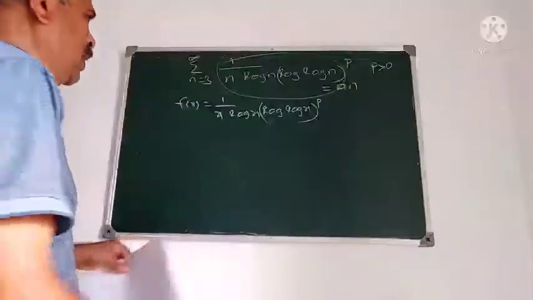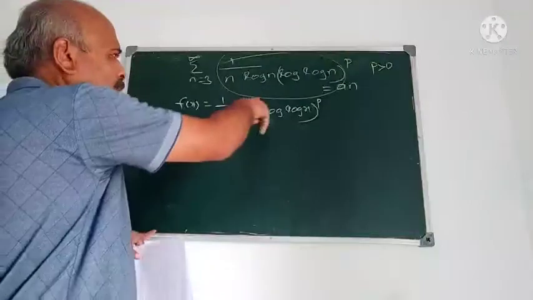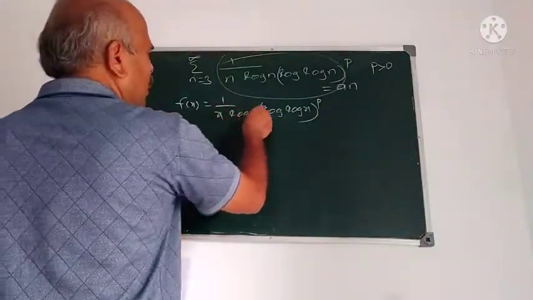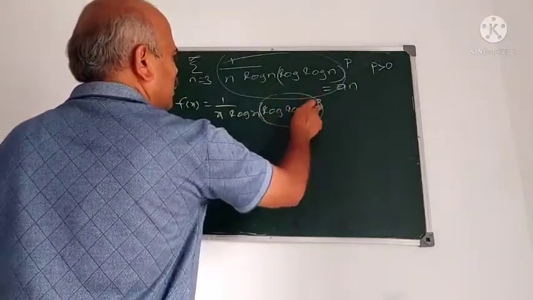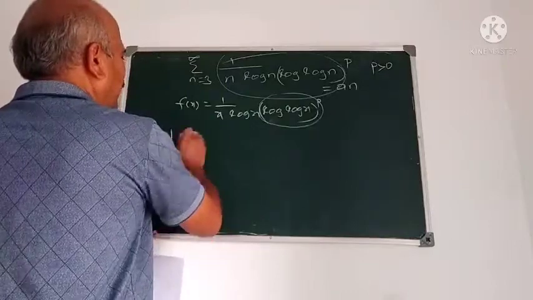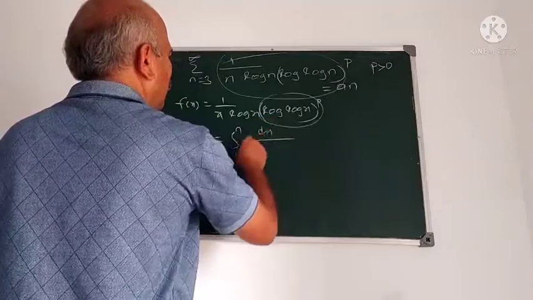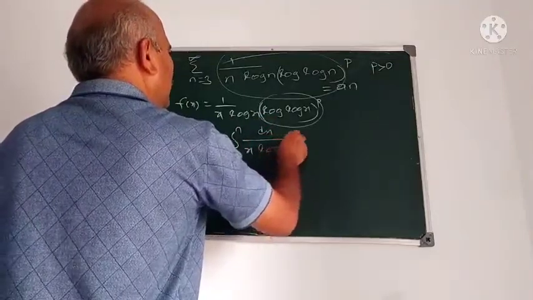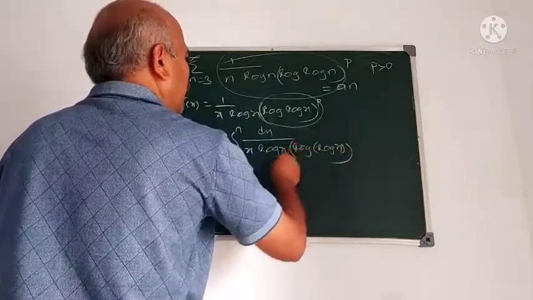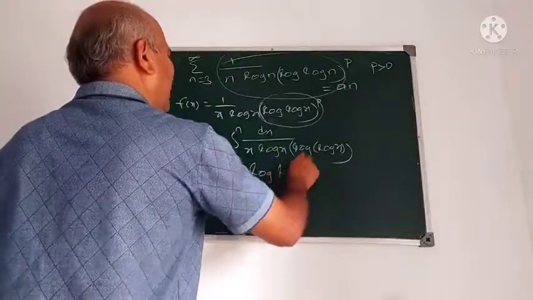Now, suppose p is equal to 1. Two cases are there, p equal to 1 and p not equal to 1, because the integrals are different. When p is equal to 1, I_n is the integral from 1 to n of dx upon x log x into log of log x, and its integration is log of log x.